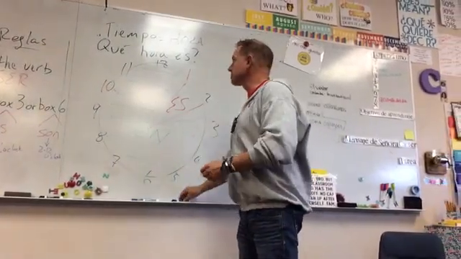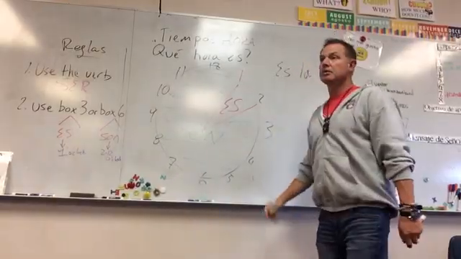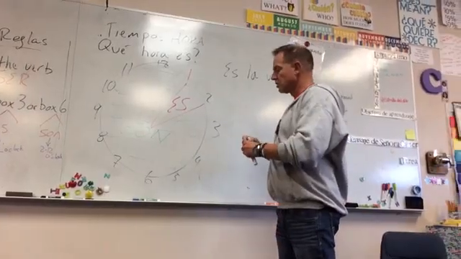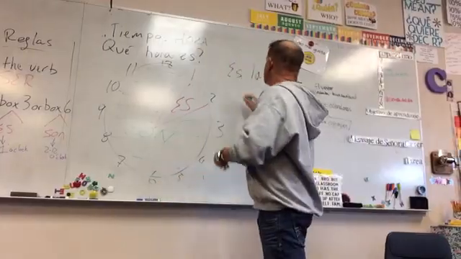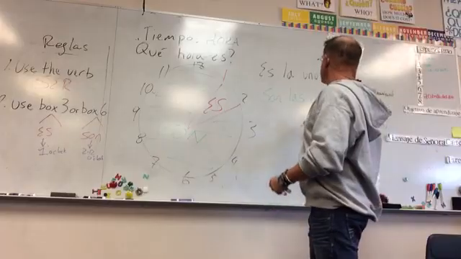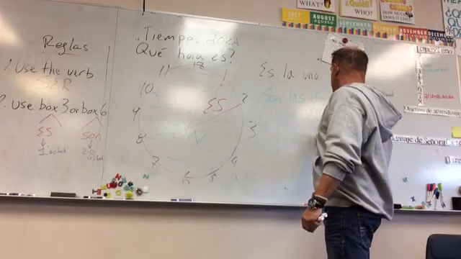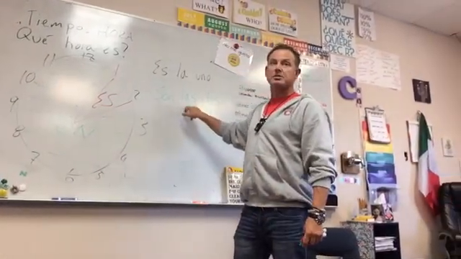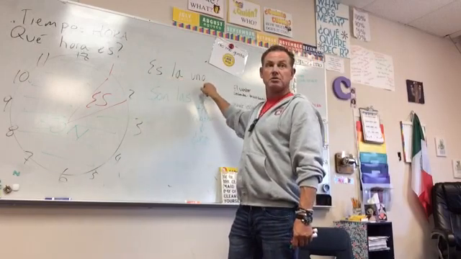So how you would write this is either es, la, uno, or son, las, dos, tres, cuatro, all the way down to doce. Son, las, plural, plural, plural, singular, singular, singular.